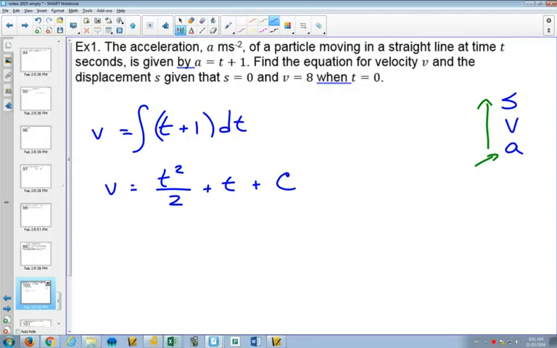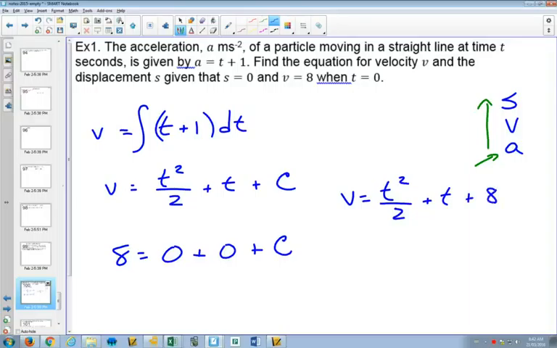Sometimes a question says when t equals 0, v equals 8. Sometimes they'll hide it by saying the initial velocity, and anything that's initial happens when t equals 0. It's very nice when they give us an initial velocity because it's easy to plug in, and we get that c is equal to 8. So now we can write out that our velocity formula is t squared over 2 plus t plus 8.